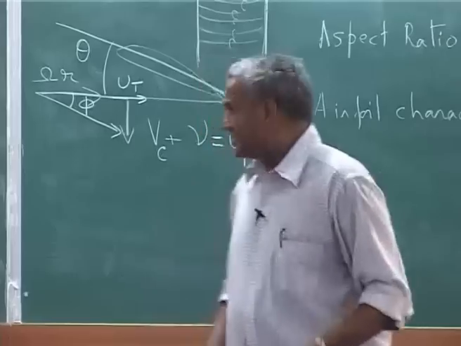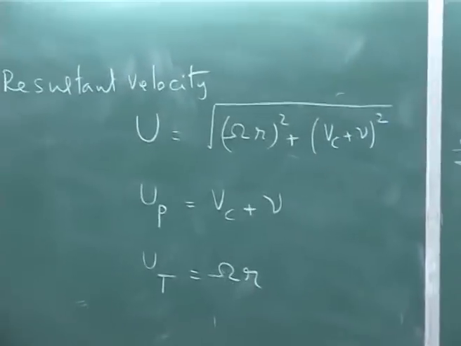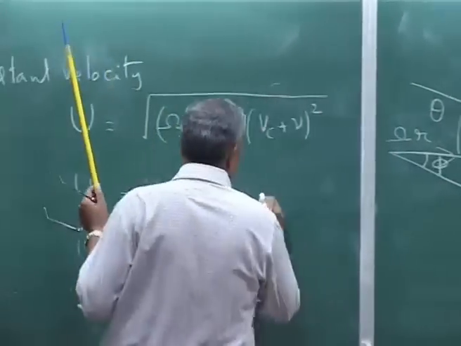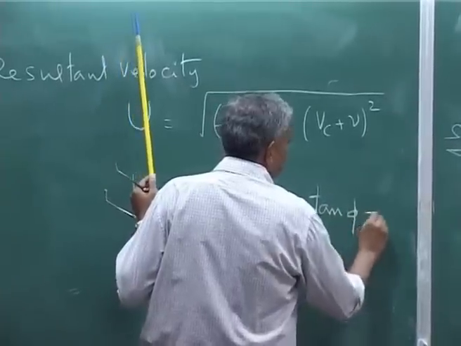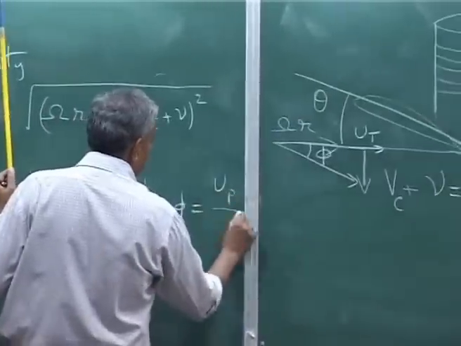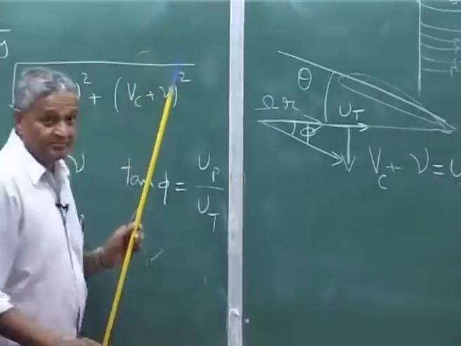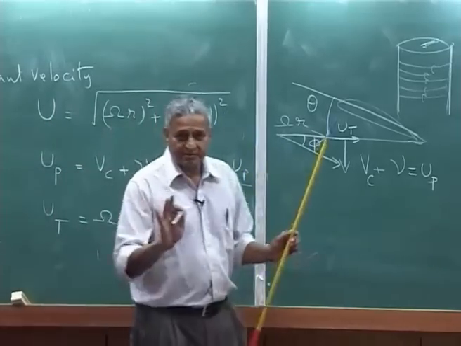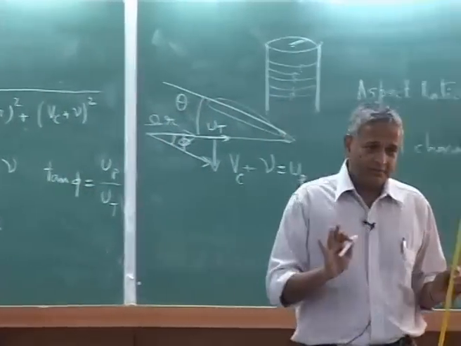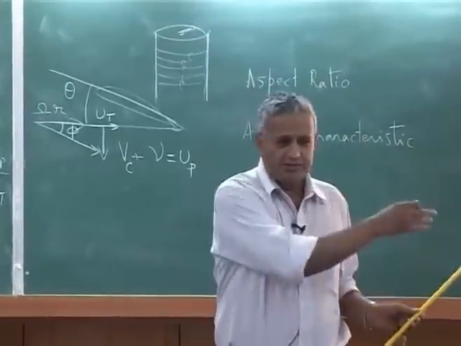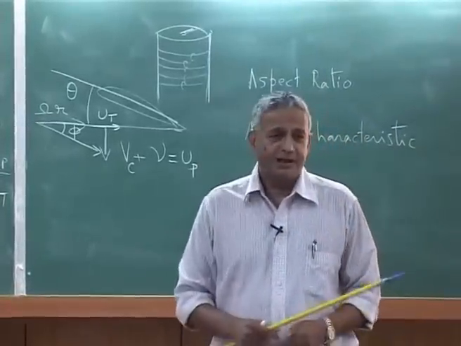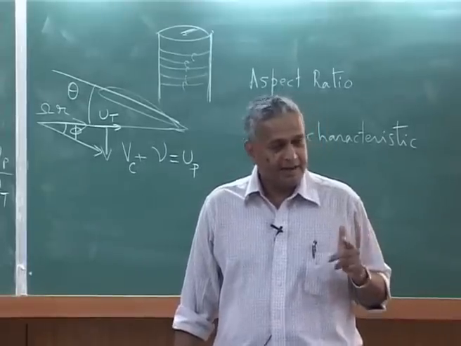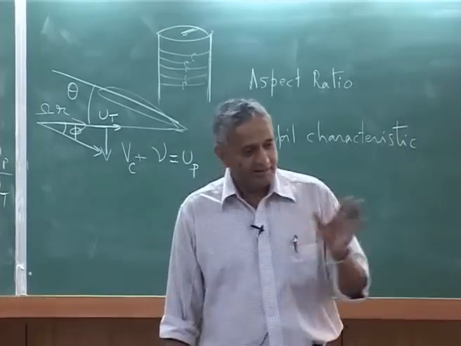Now, immediately you go back, what is my effective angle, because you know that tan phi is up over ut. Now I have to define sectional lift and sectional drag. I use simple 2D aerofoil theory: lift is normal to the oncoming flow and drag is along the oncoming flow.